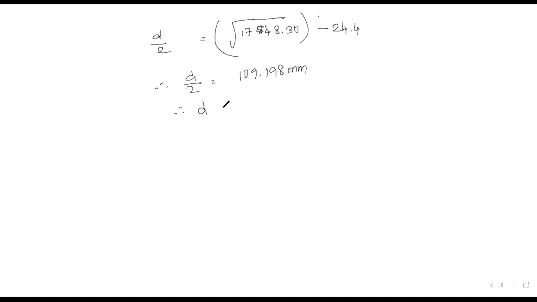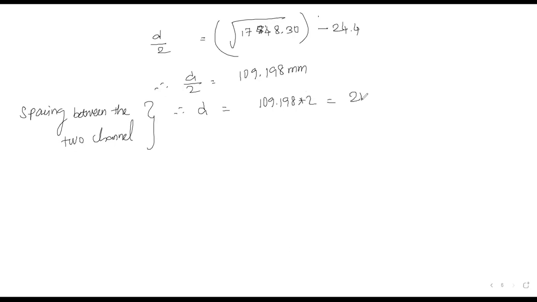So B, the spacing between the two channels, is 109.198 into 2, so the answer becomes 218.396 mm. So we can say the spacing between those two channels becomes 220 mm.